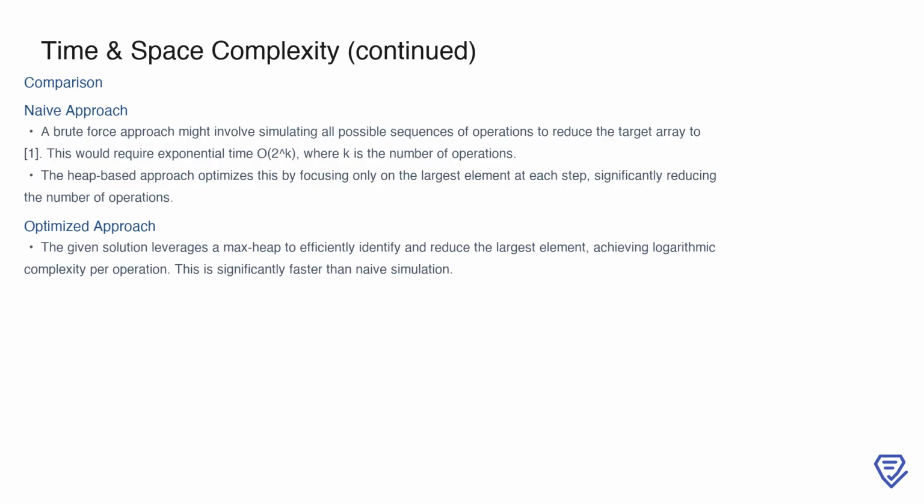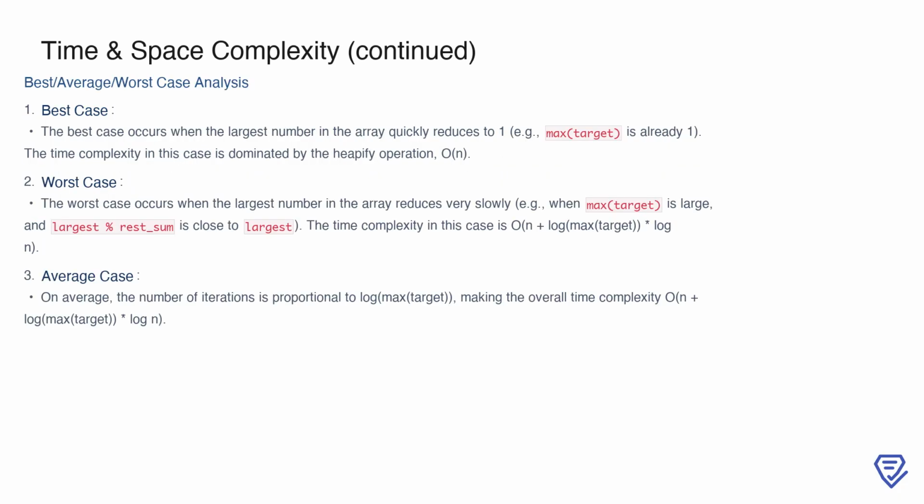To break this down further, we can analyze the best, average, and worst-case scenarios. In the best case, the largest number in the array is already 1, or it reduces to 1 very quickly. Here, the time complexity is dominated by the heapify operation, which takes O(n). In the worst case, the largest number decreases very slowly, such as when largest % rest_sum remains close to largest over multiple iterations.